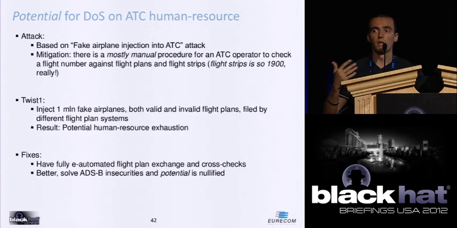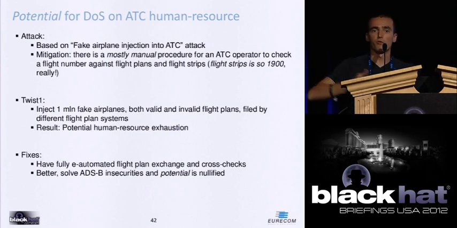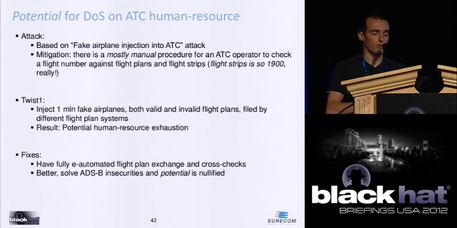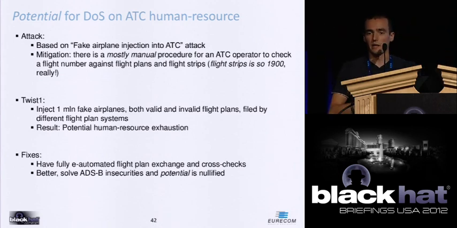So basically they have to semi-manually, semi-automatically look up and cross-check what appears on the radar. Is this aircraft supposed to be here in the flight plan? Does it have a path route through this geographic area which we cover by our traffic control? Now, the twist to this attack: for one plane, the mitigation is clear. We double check, we cross-check, we say, okay, it's a fake airplane.